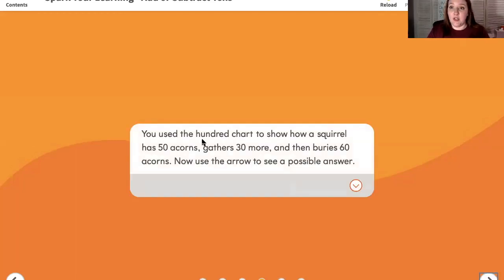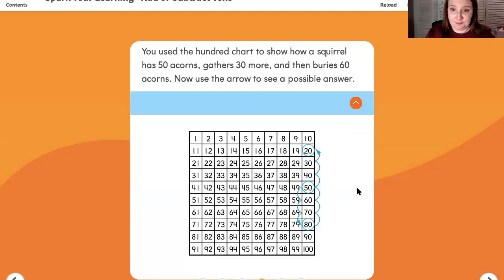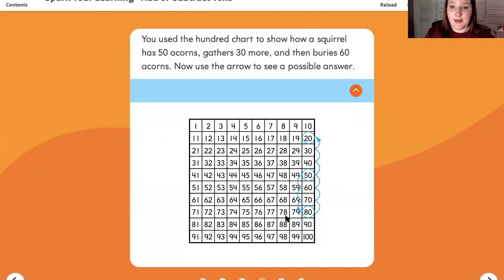So here they're going to show us how to do the work. You use the hundreds chart to show a squirrel has 50 acorns, gathers 30 more, and then buries 60. Now use the arrow to see a possible answer. So here's what they did. They started at 50 and they added 30 or 3 groups of 10. 1, 2, 3, and it gave them 80.